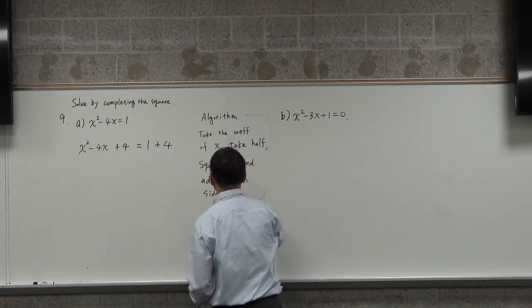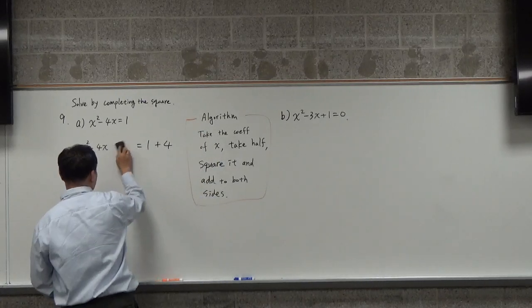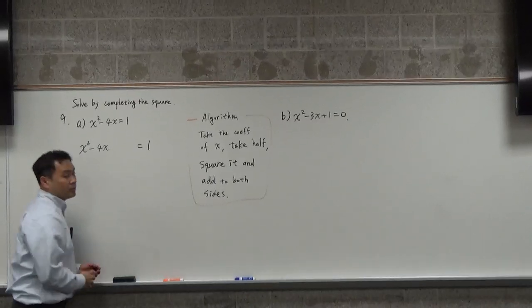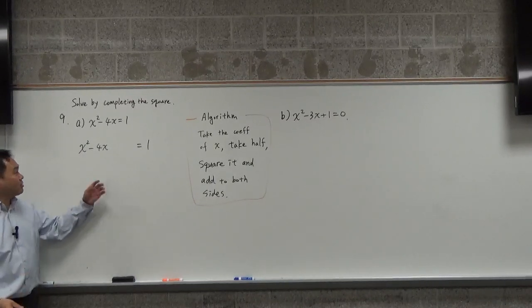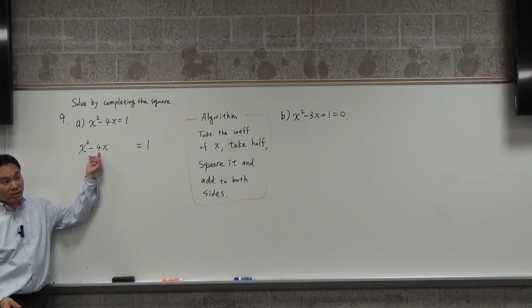Let me try to explain how this algorithm applies here. Okay, so what it says is take the coefficient of x. What's that? -4. What's the half of -4? Taking half means you multiply by 1/2, right? So 1/2 times -4, what's that? -2.